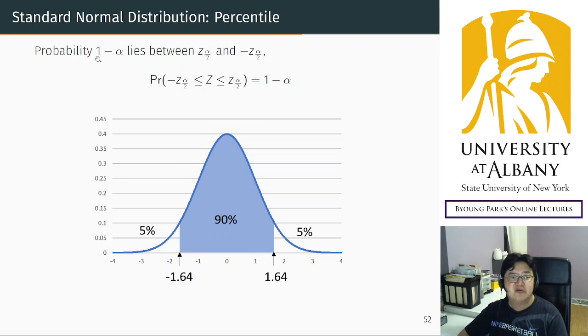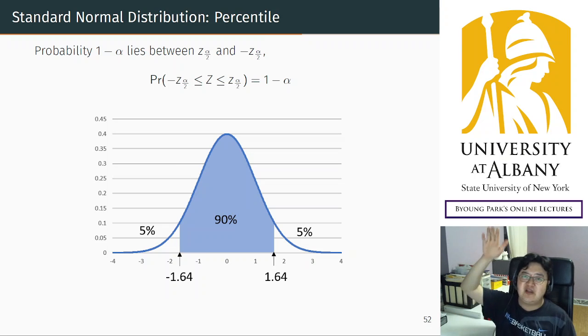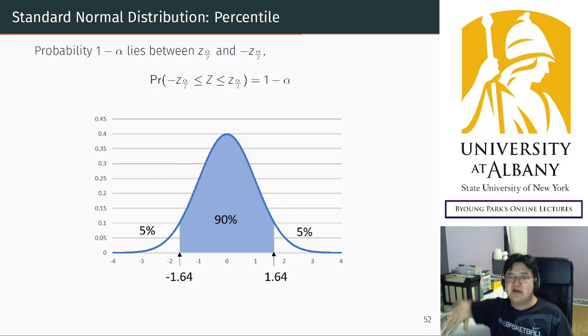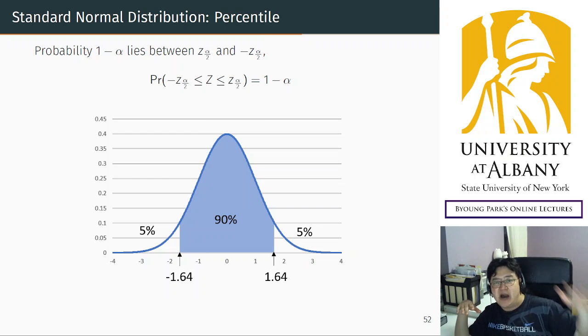But in general, probability 1 minus alpha, say 99%, 95%, 90%, a large probability close to 1, lies between these two points. So alpha is the probability outside that interval. And because of the symmetry, if you delete alpha percent, you have to delete half of it from the top and the other half from the bottom.